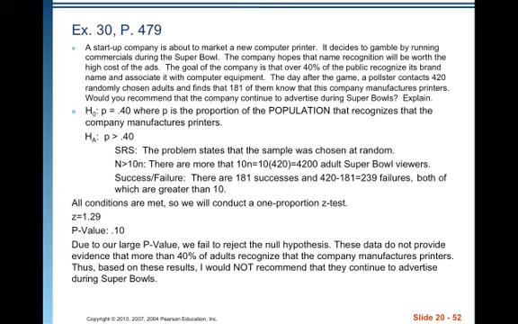Due to our large p-value, we fail to reject the null hypothesis. These data do not provide evidence that more than 40% of adults recognize that the company manufactures printers. Why? Well, something happens 10% of the time. That's not necessarily super surprising.